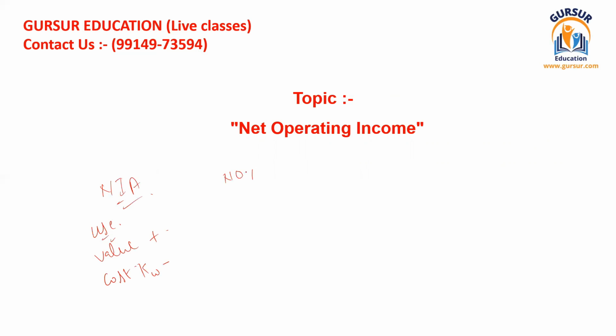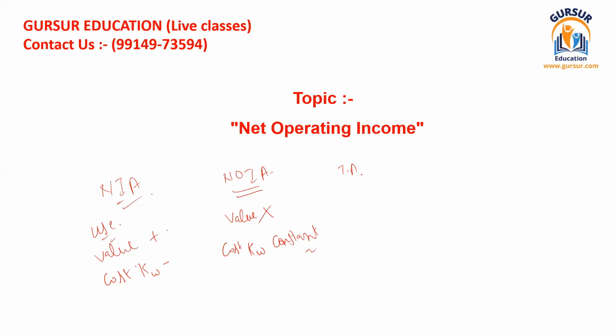And the net operating income approach tells you that whatever the mixture of debt and equity is, the value of the firm is not going to be increased in any way, and the overall cost of capital always remains constant.